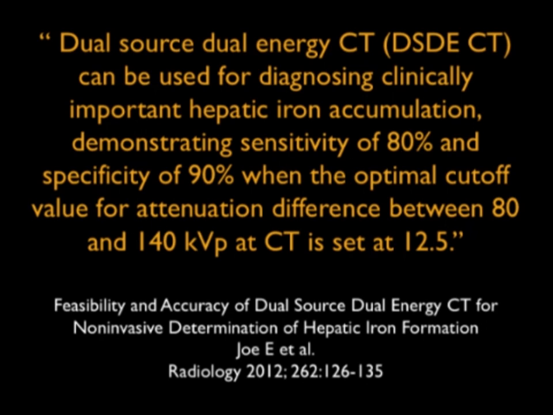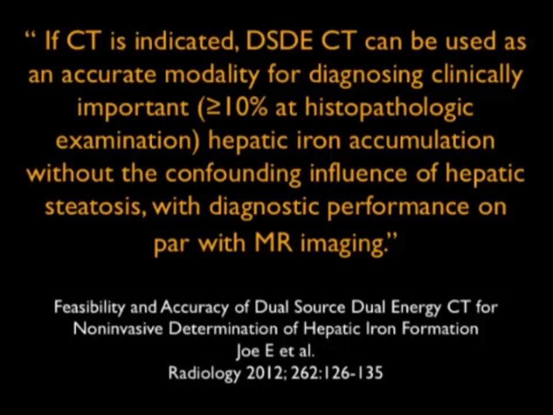So it is doable. There's work being done, but we'll see how it pans out long term. If CT is indicated, dual energy CT can be used for diagnosing clinically important hepatic iron accumulation. Okay, so again, it could have very important practice indications for us as we go forward in the future.